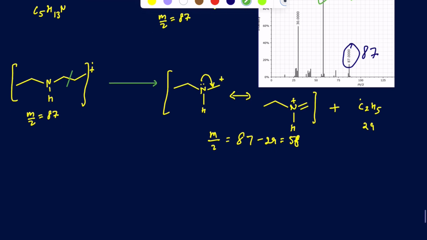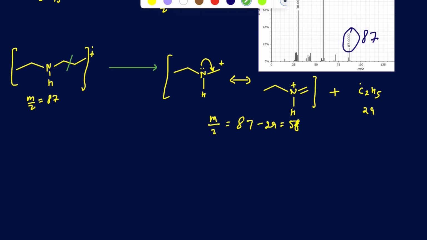The other possibility is, what if you break it on the left side? Because you have another possibility of making the carbocation from the left side.